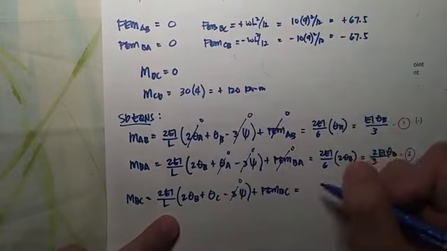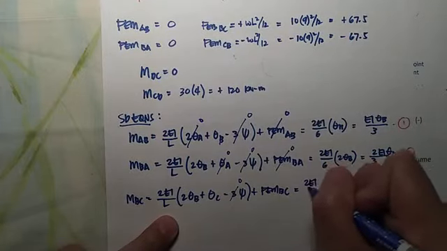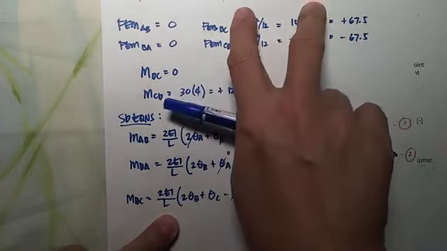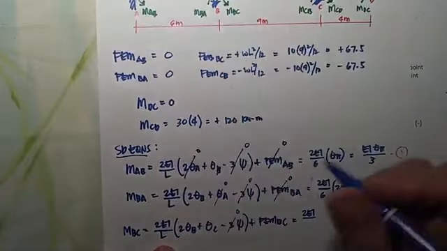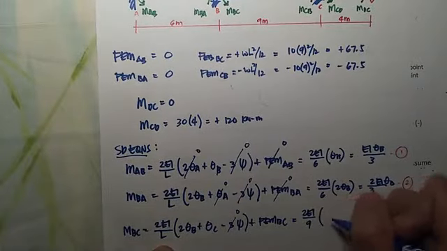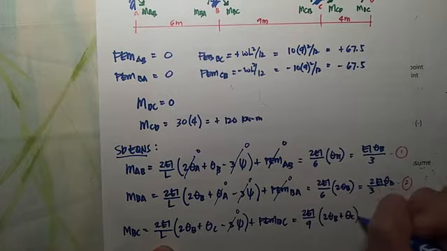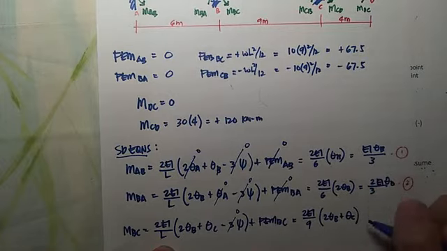Substituting, L is 9 meters: 2EI over 9 times 2 theta B plus theta C, plus the FEM of 67.5.